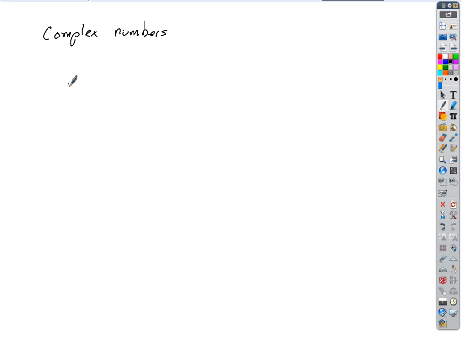So the standard form for a complex number is what? A plus B times I. What's I equal to again? Okay, you're right, it's the imaginary unit, but what is it? Square root of -1. Good, so up here, I'm just going to put in a little box: I equals the square root of -1.